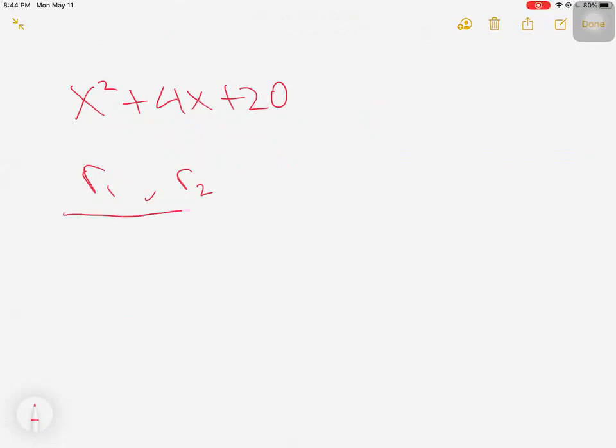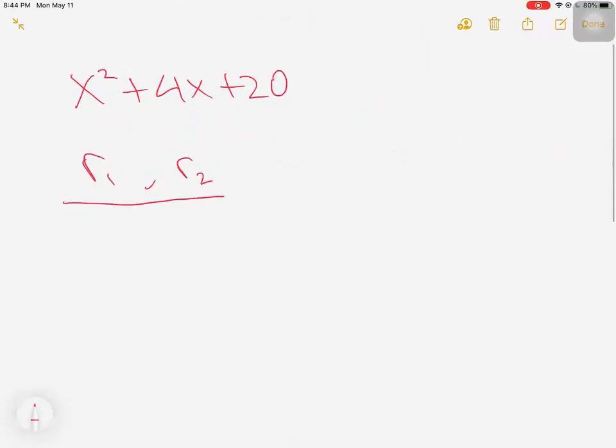So these are the two roots of the equation.